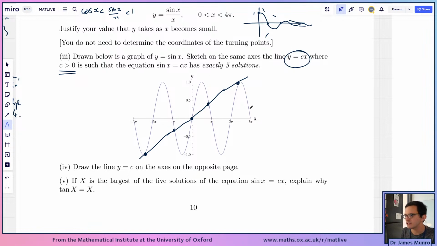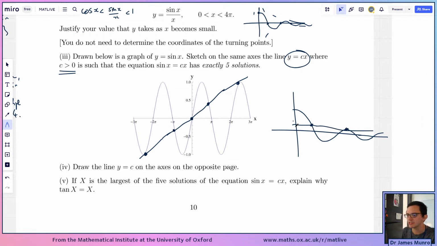Draw the line y equals c such that you get, so from my graph before, I want 5 solutions, so I'm going to get the x negative as well. So I suppose I add in x negative? Okay, so I'm going to have exactly, double convolute there.